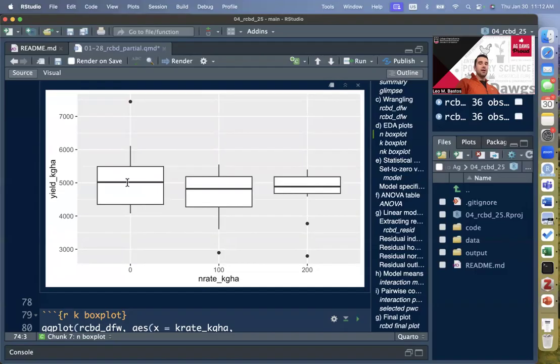So that line is the median, the bottom edge of this box is the 25th quantile, and the top edge of the box is the 75th quantile. The box size is the inner quantile range. The whiskers extend, I think there's a formula there, but I think it's like 1.5 times your 75th quantile and 1.5 times your 25th quantile in different directions.